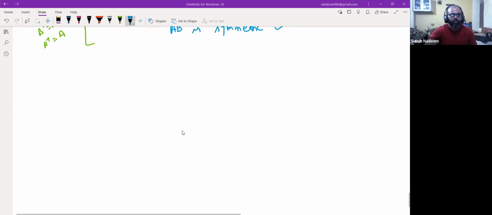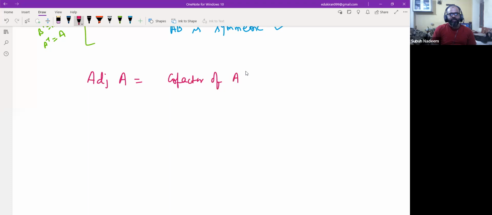If you remember, adjoint of a matrix; next class we'll see determinants also, but you have a little bit of knowledge of determinants. So adjoint of a matrix is actually the cofactor of the matrix A, transpose. This is the adjoint of a matrix.